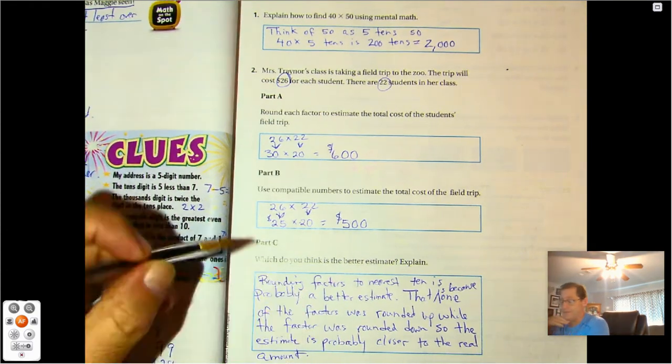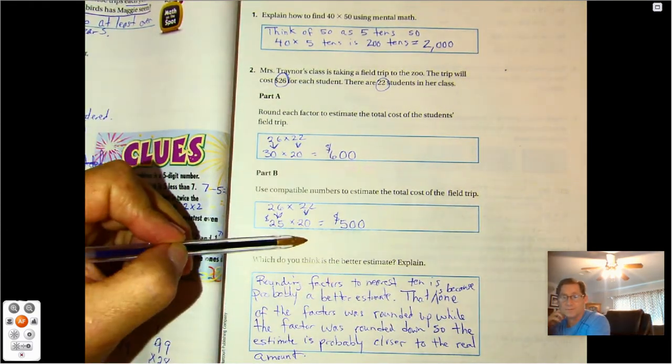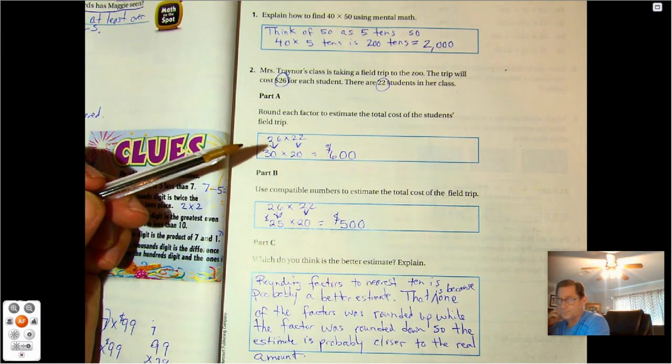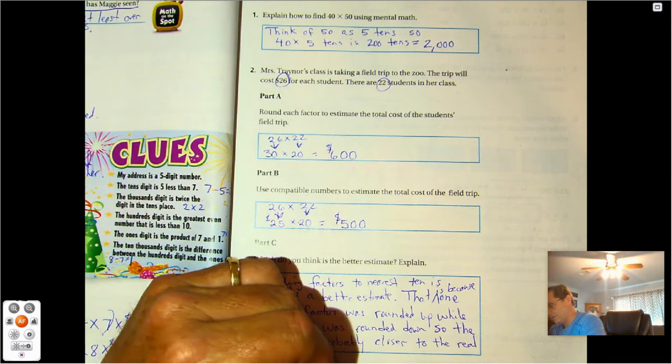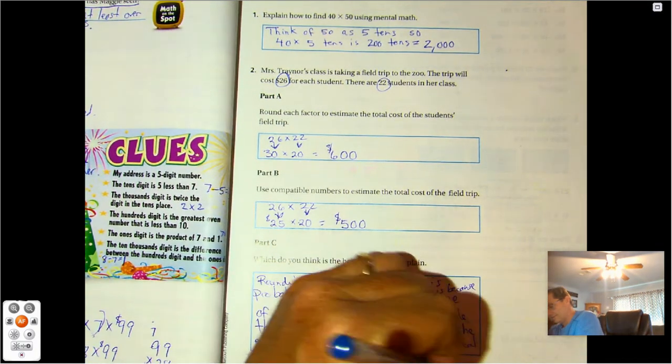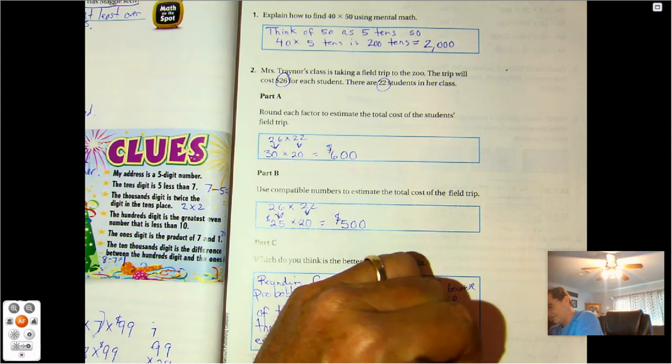Again, in the other one, we rounded both of those down, so it's probably more of an underestimate. So I'm going to say the other way is an underestimate.